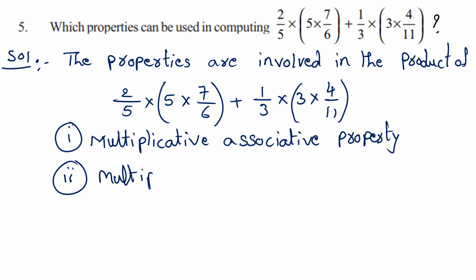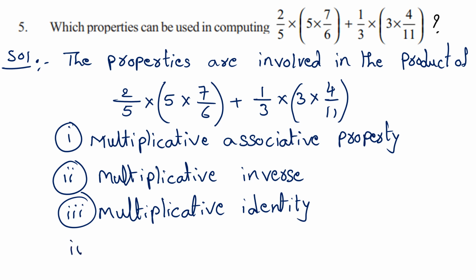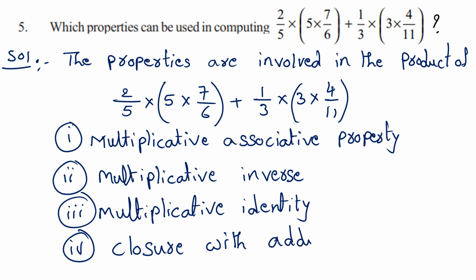Now the third one is multiplicative identity. And the last one is closure with addition. That is the last one, closure with addition. Okay. So these are the properties involved in this product, children, right?